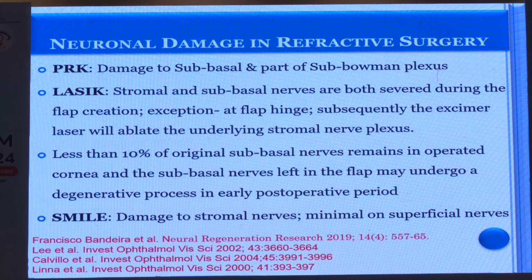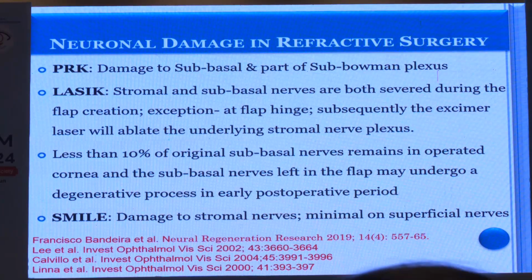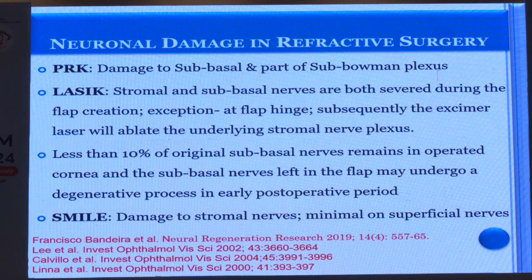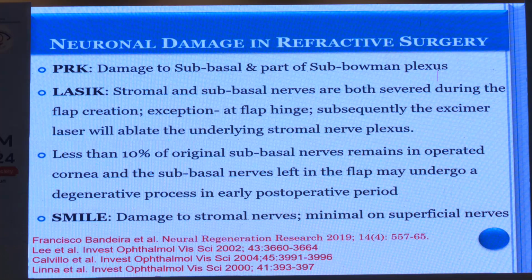Why? Because you have to understand the neuronal branches, the neuronal plexus that is present. There is one subbasal plexus, one is the subBowman plexus, and then you have the stromal plexus of nerves. Now, when you do a surface ablation, you do damage the subBowman and the subbasal plexus, but the stromal plexus is preserved to a large extent. When you do LASIK, you cut the subBowman and subbasal plexus, and then you ablate, and then you damage the stromal plexus.